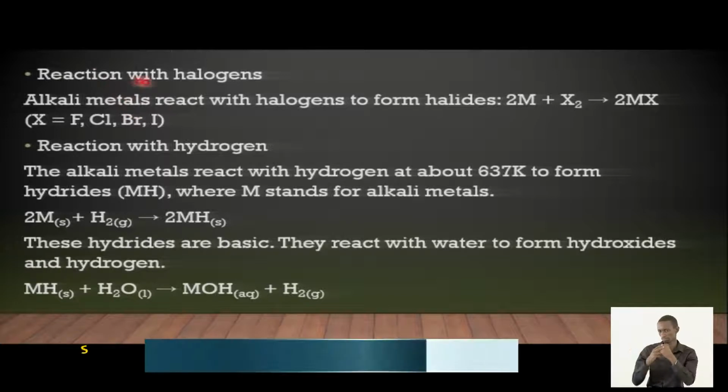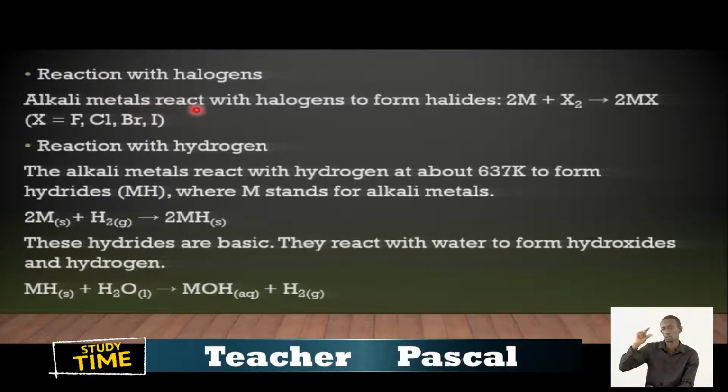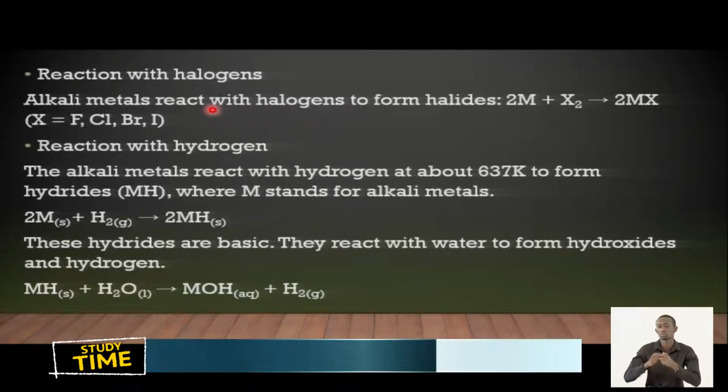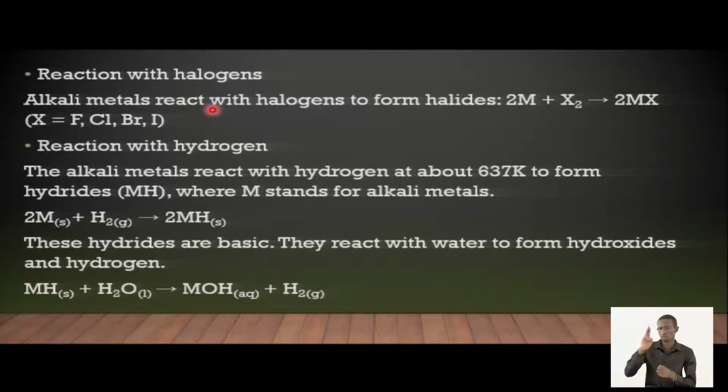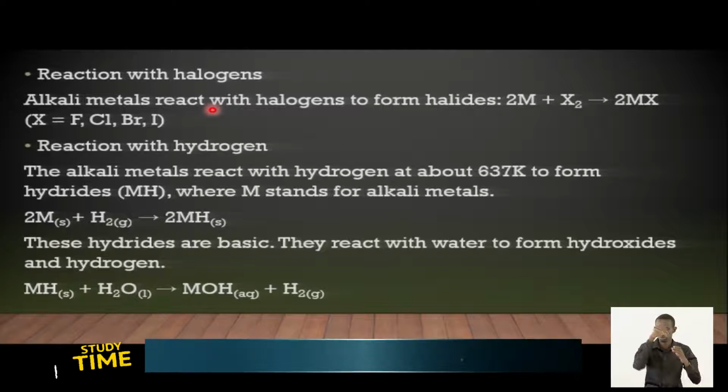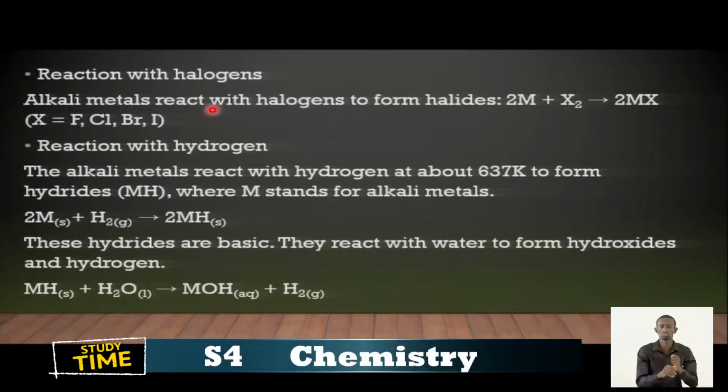So halogens can react with alkali metals, and as we have seen, the reactivity increases down the group in the metals. The reactivity with the halogens will also be different because reactivity of the halogens also changes as you move down the group. We know that in the nonmetals, reactivity decreases as we go down the group.